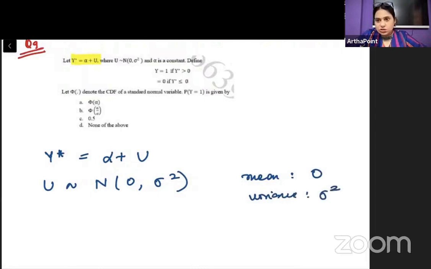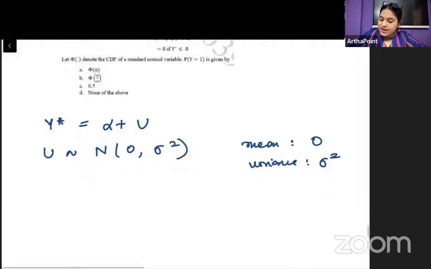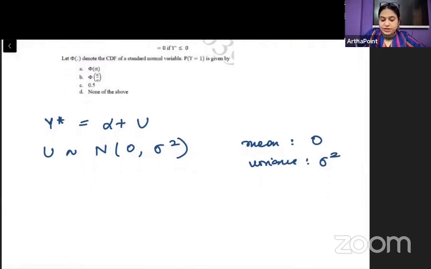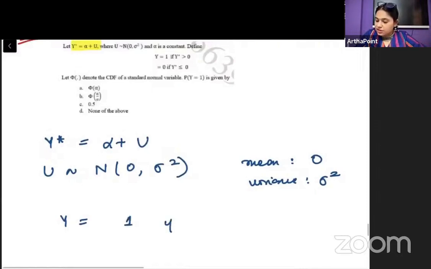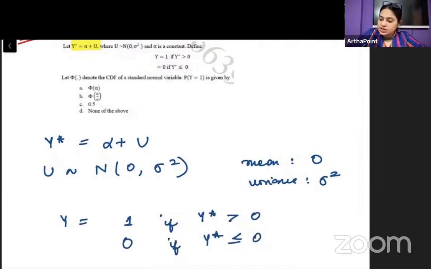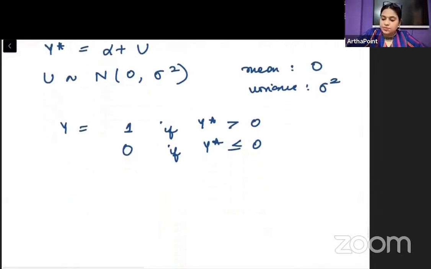Alpha is a constant. It says define y. How is y defined? Y is defined as 1 if y star is greater than 0 and 0 if y star is less than or equal to 0.